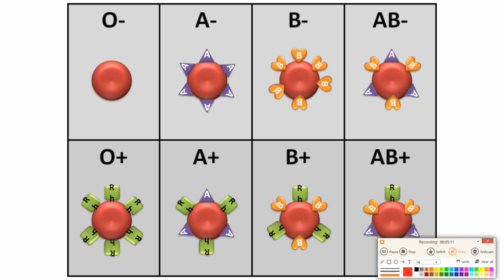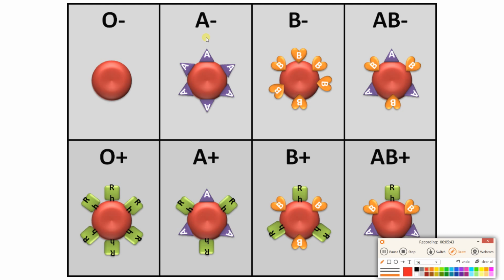So type O is going to have neither the A nor the B antigen. So if you are type O, you've got neither the A antigen nor the B antigen. So I'm type O. I'm type O positive. So because I'm type O, I don't have the A or the B. Now I'm positive, so I got the RH.